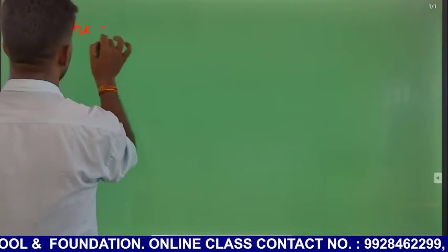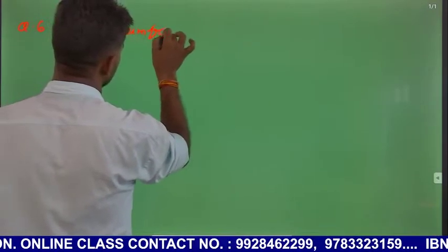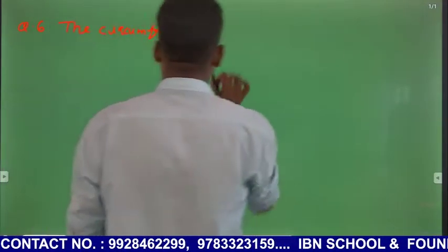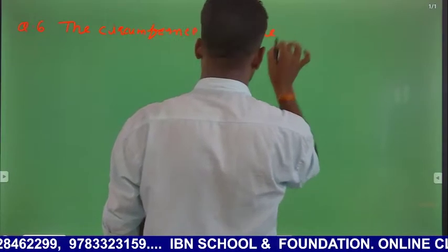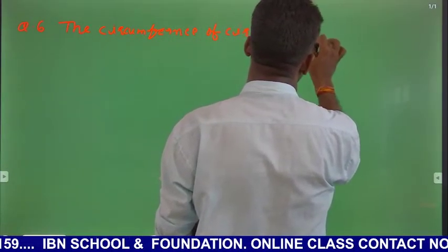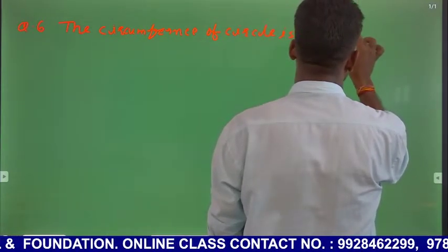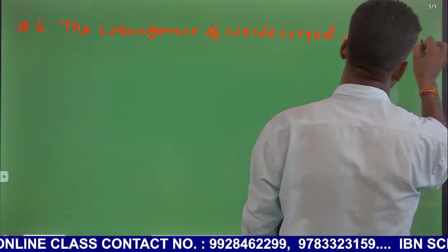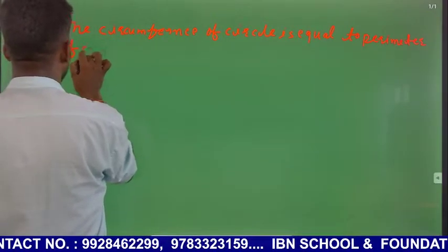The circumference of a circle is equal to the perimeter of a square.